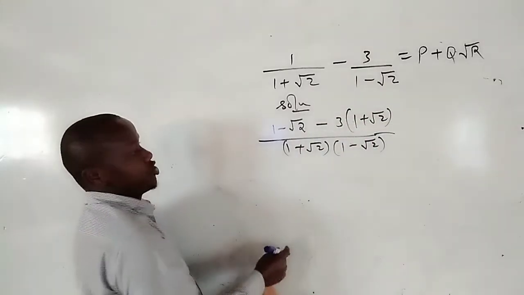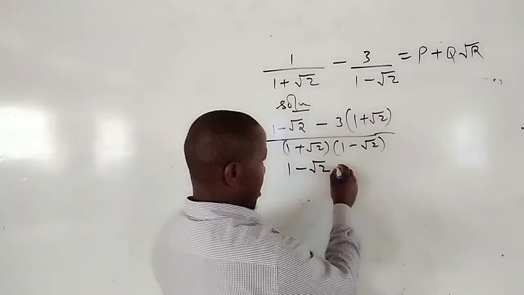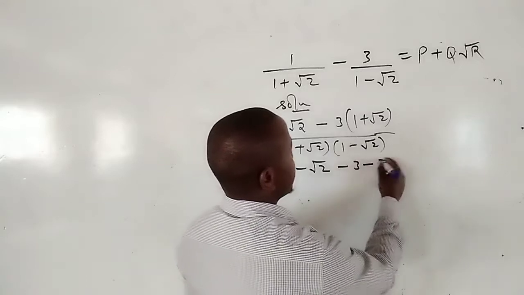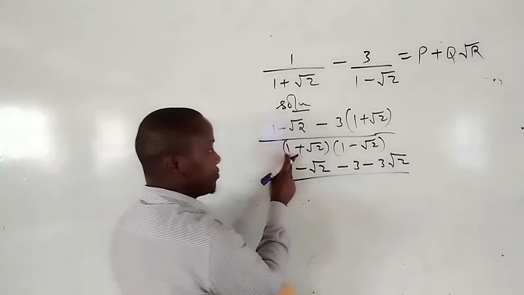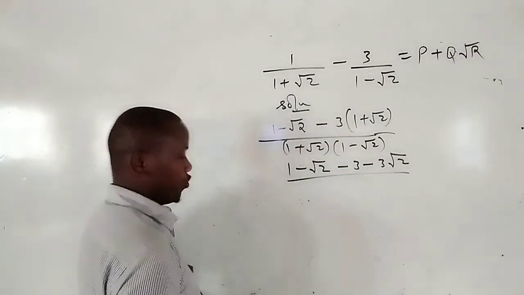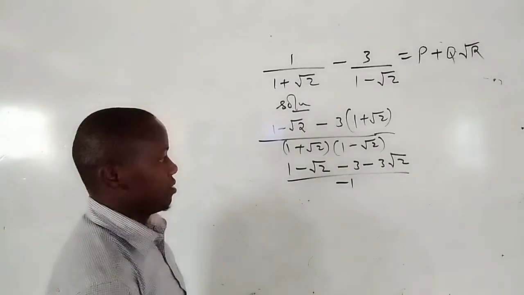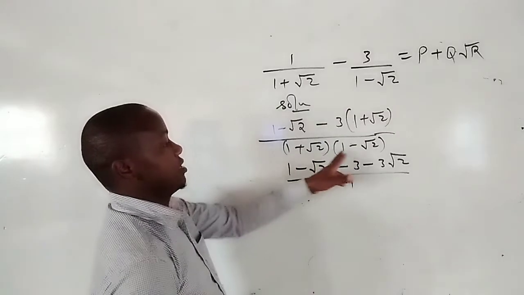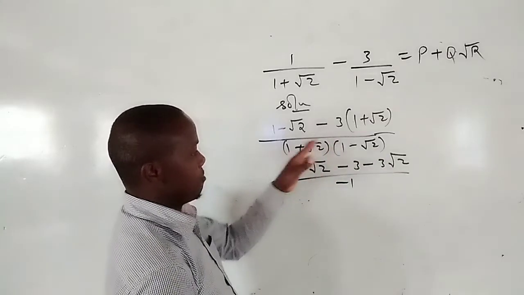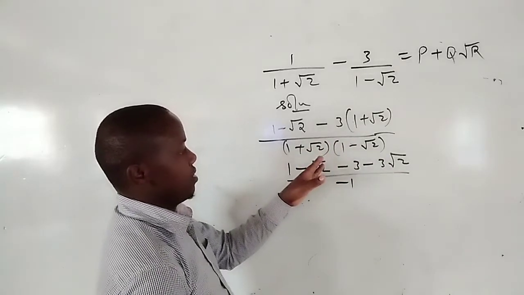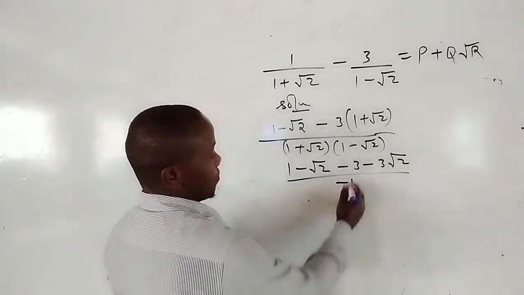Therefore, this is 1 minus root 2, then minus 3 times 1 plus root 2, divided by 1 minus 2, which is negative 1. When you solve this one, this is 1, this is root 2 minus root 2 plus root 2. It will be root 2.